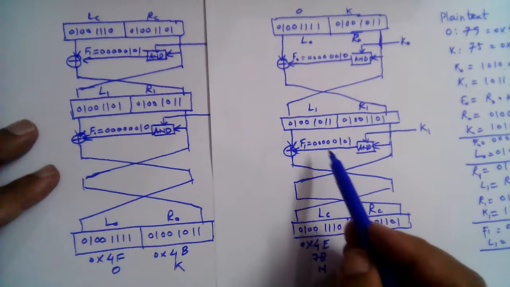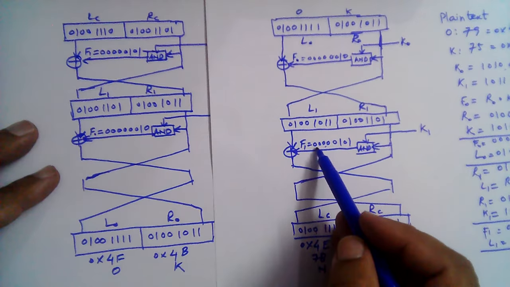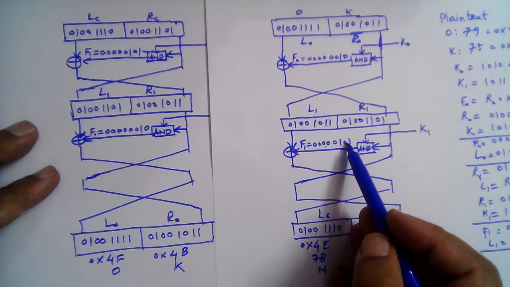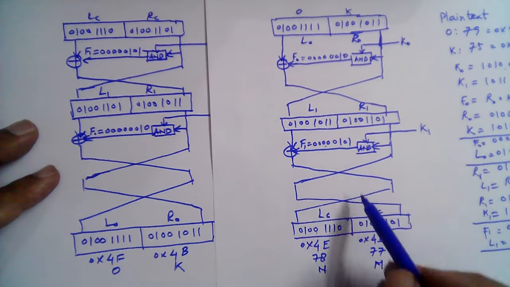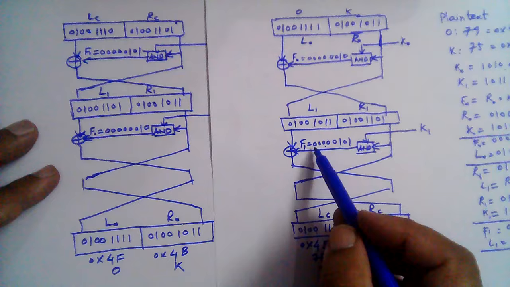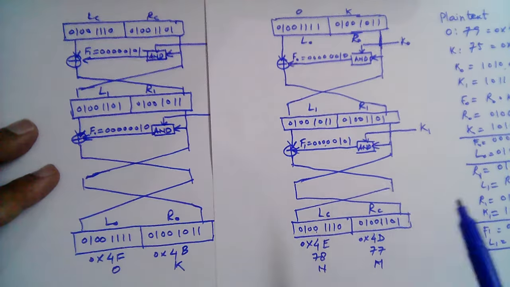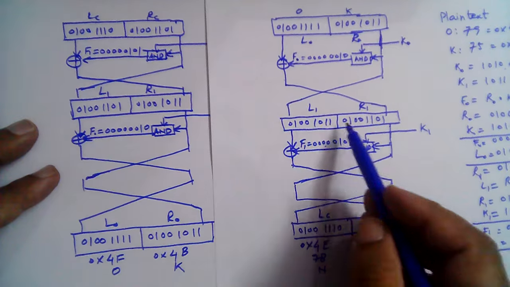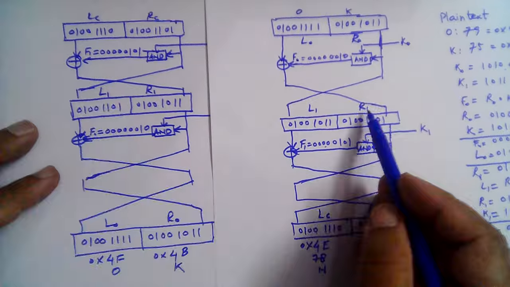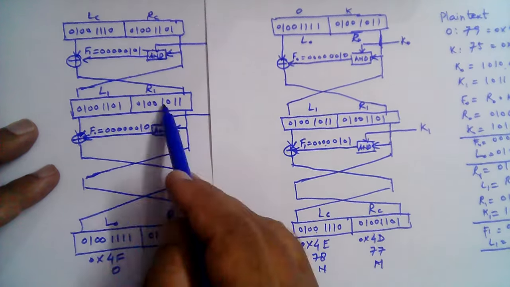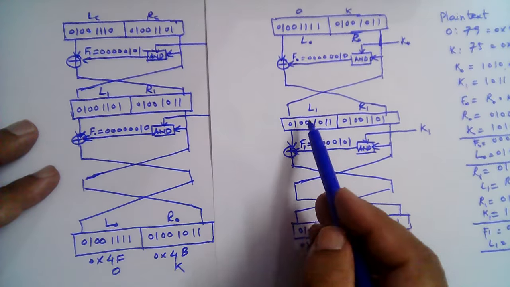So what we got as the output of F at the last stage we get at the first stage in the decryption process. Then going upward, L1 and R1 are the same as here.